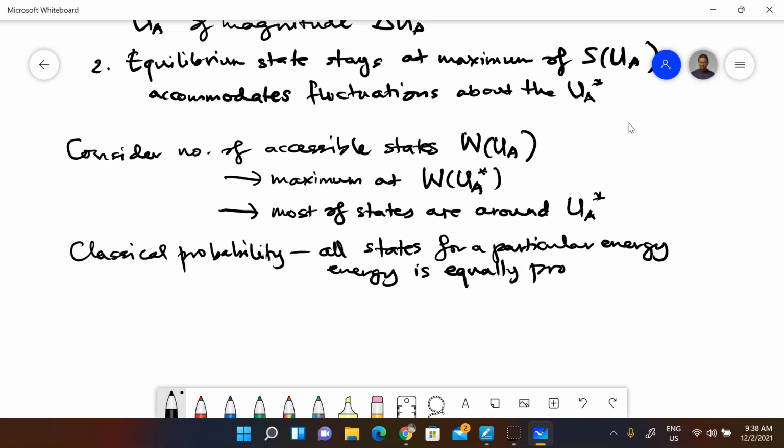But then you have your energy as a parameter. Okay? So that will apply to the idea of relative frequency.